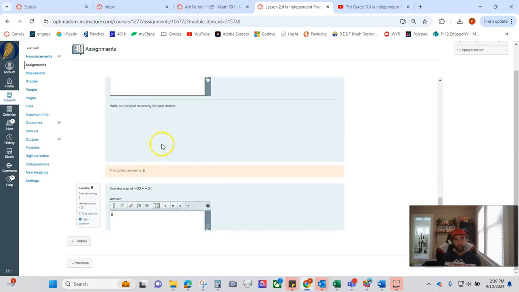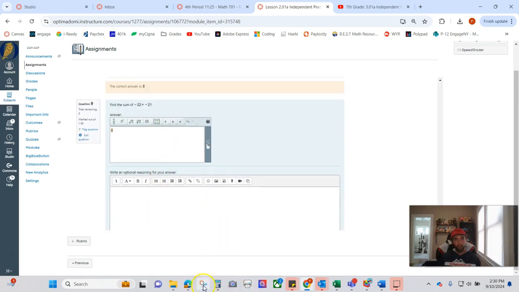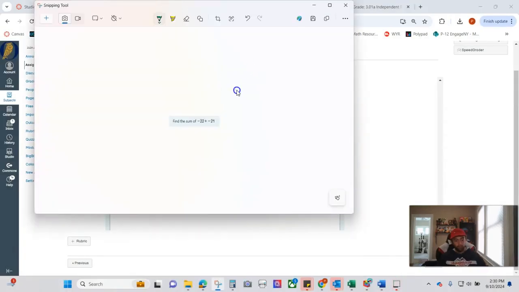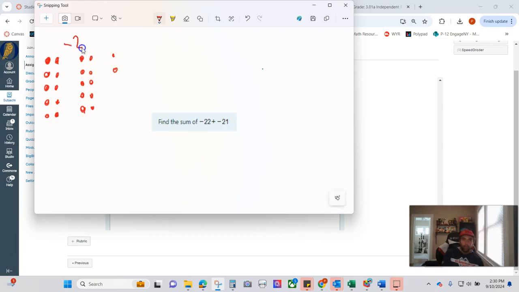And last question. Find the sum. We have a loss of 2, and then we're adding another loss of 21. So we start out with a loss of 22.